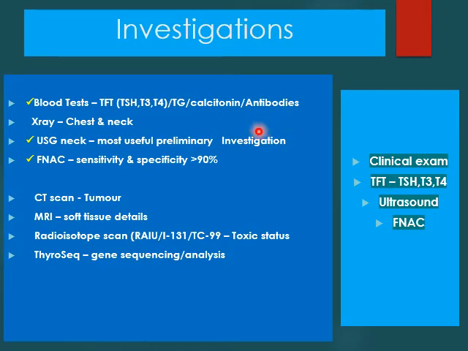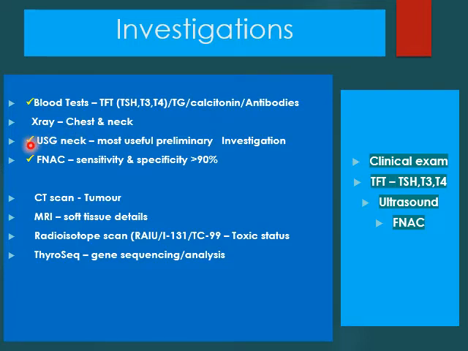Now, what are the investigations that you carry out for a patient with a thyroid swelling? First, blood tests, among which include the thyroid function test, consisting of the TSH, T3 and T4, thyroglobulin, calcitonin levels, and serum antibodies if necessary. Very often, we also do an X-ray of the neck and the chest, especially if the goiter is large.